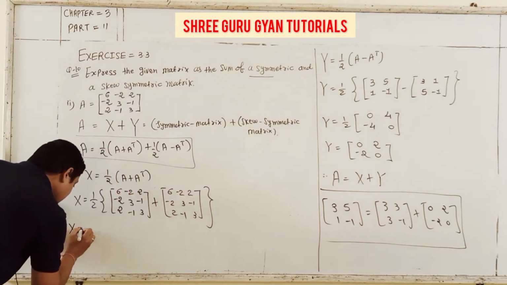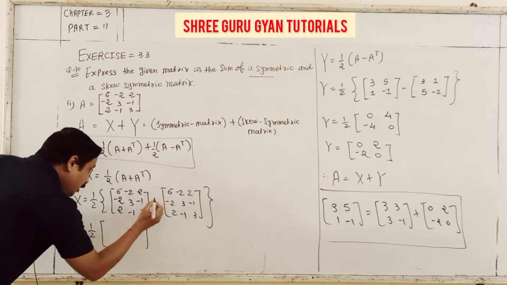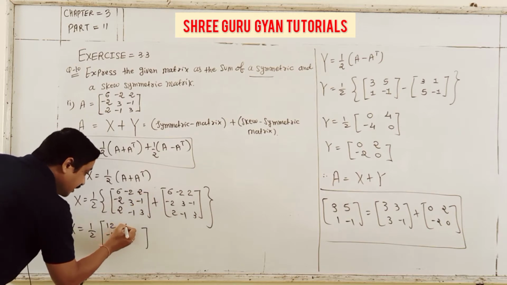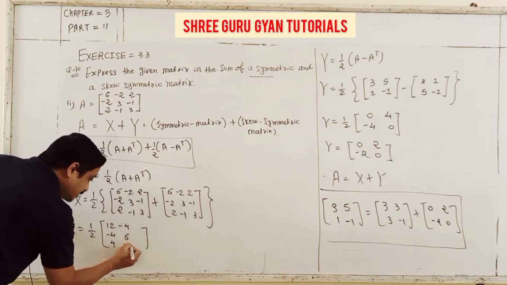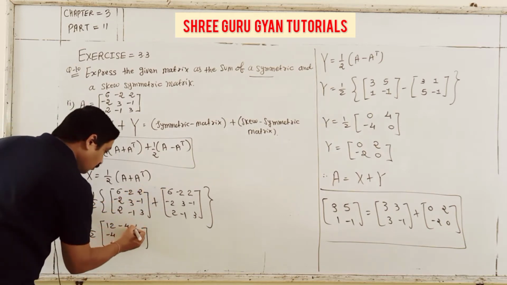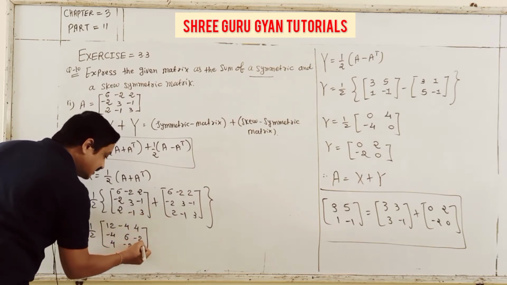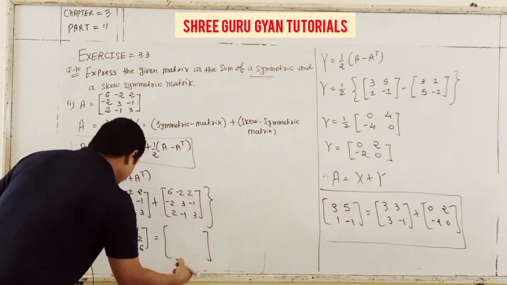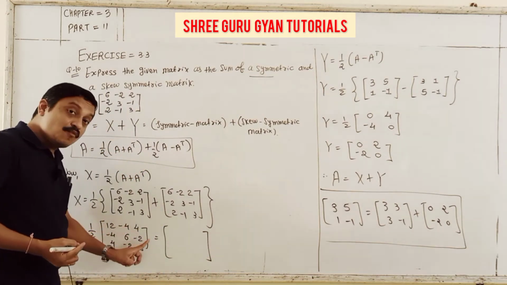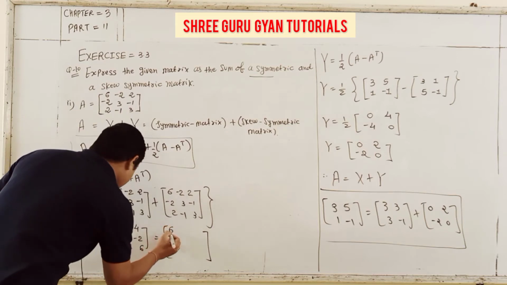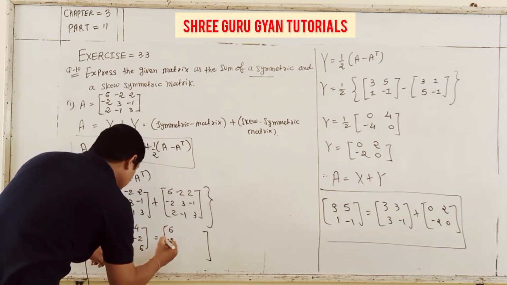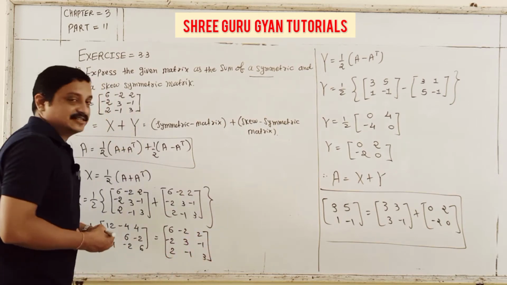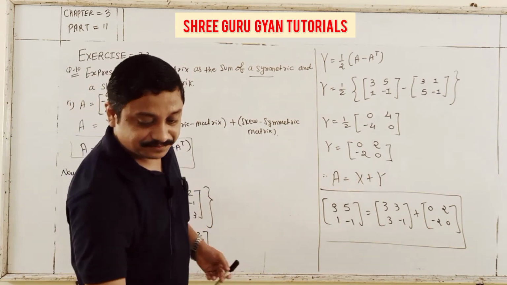So your X part is done by adding this: 12, minus 4, 4, next minus 4, 6, and minus 2, one more 2 and 2 is 4, minus 2, and last 3 and 3 is 6. Now divide by 2, that's a simple divide of each and every element. So 6, minus 2, 2, minus 2, 3, minus 1, 2, minus 1 and 3. That is the first part done.